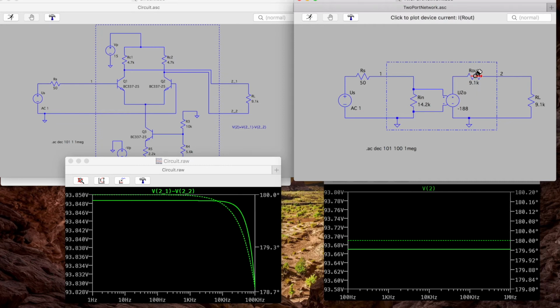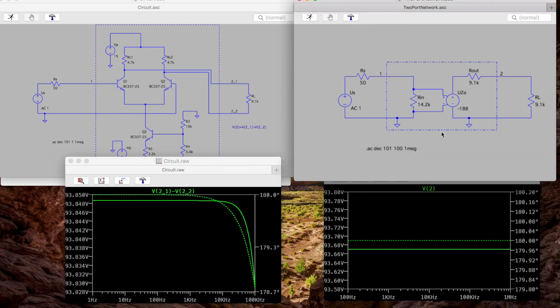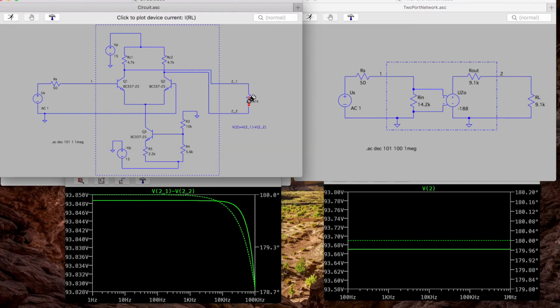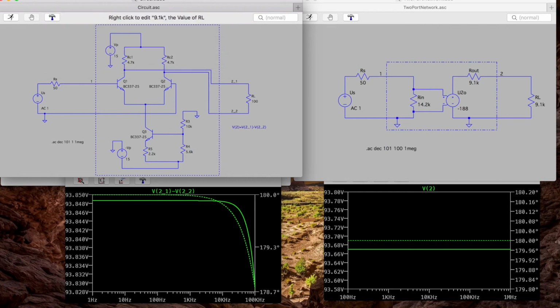And as Rout is equal to RL, U2 will be equal to U2O divided by 2, so minus 94, and that's what we have here. And this is another way to confirm that Rout is equal to 9.1 kilo ohm. Let's take RL equal to 100 ohm.